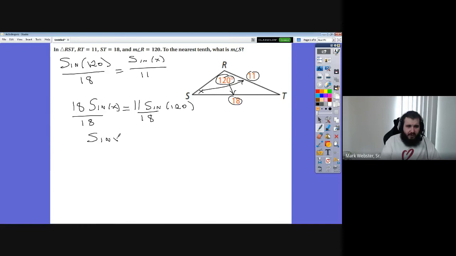I got the sine of x equals 11 times the sine of 120, close parentheses, divided by the number 18. So how do I finish this problem off? Just like we did on Monday. I don't want the sine of x, I want x. So I'm going to take the inverse sine of both sides, right?